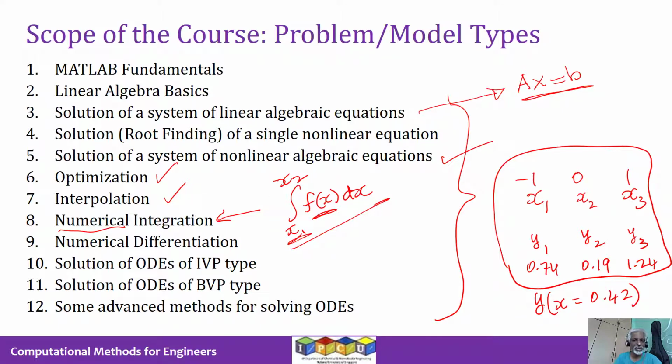Then we will get on to what is called numerical differentiation. Numerical differentiation is, given some data or some function f of x, you want to find out df by dx or d squared f, the second derivative with respect to x squared, etc. Right? So this is what we are going to do. Again, we are going to adopt a numerical approach because if the function is quite simple, then calculus will tell us how to differentiate it, right?